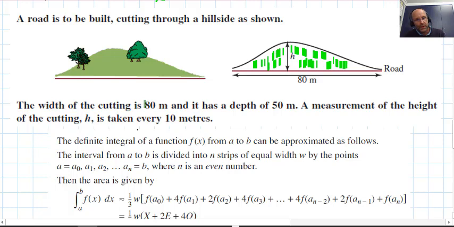For example, for an 80-meter cutting, we've got heights taken every 10 meters, and that would accrue some data, and we could use that. And sometimes that can be applied further into volume. So that's just an example.